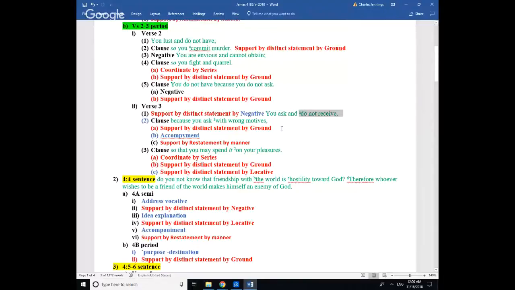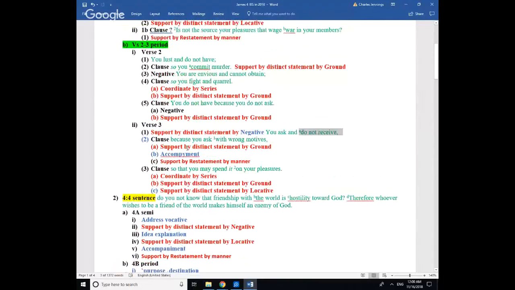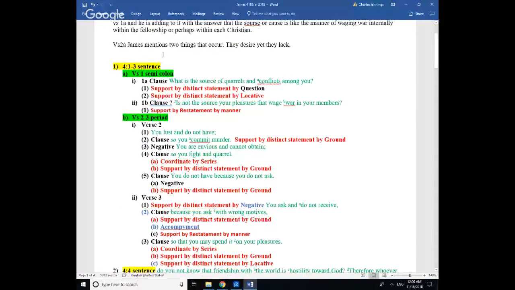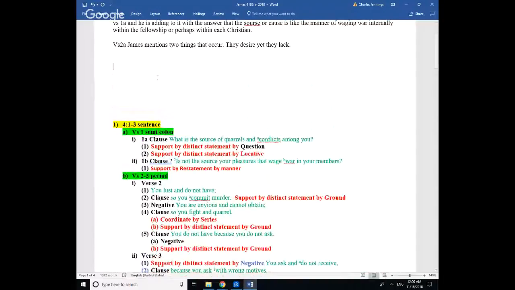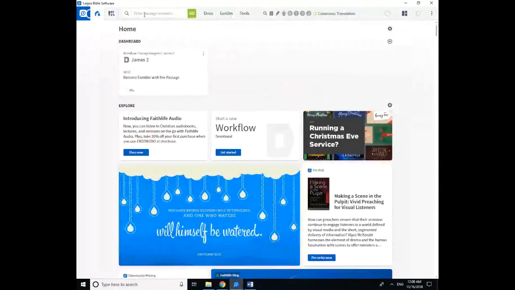Why? Well, look at this next statement. It's a distinct statement because it's telling us something more: because you ask with wrong motives. So one way we could do this, I'll do this real quick so we can see this, let me open up NASB.